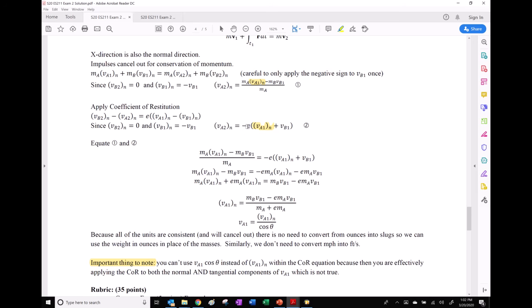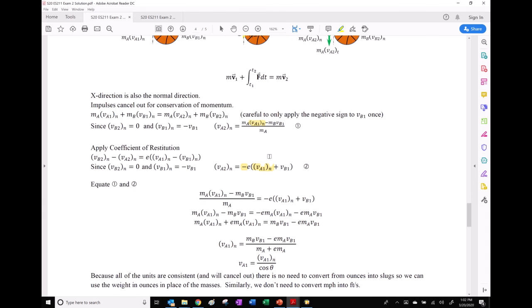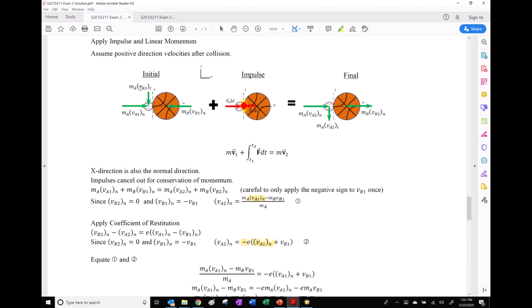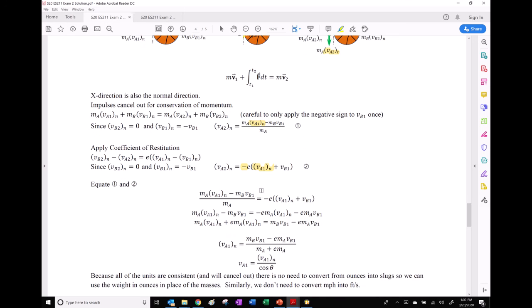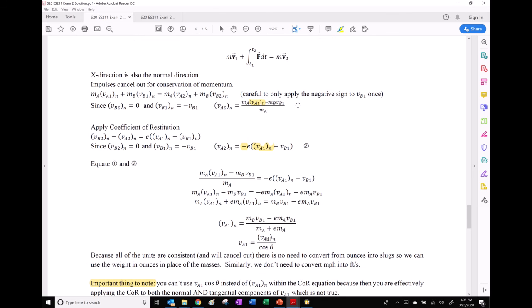Because when you apply this E times that velocity times that cosine, what you're essentially doing is you're also multiplying it by the tangential one. The tangential one is going to be that VA1 times the sine, right? But now you're only multiplying that E times the cosine when you substitute it in there.